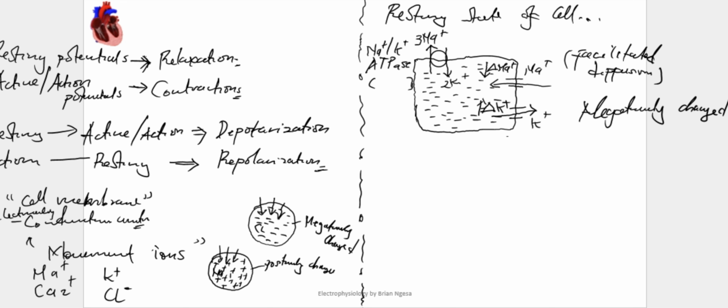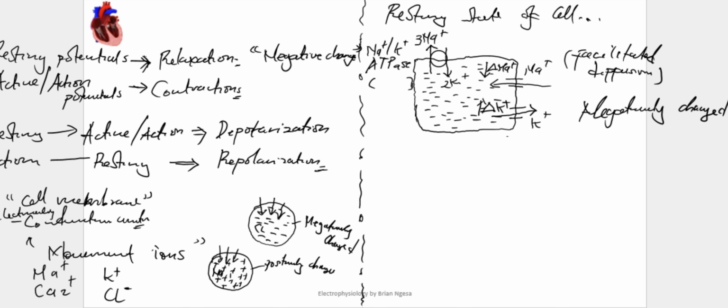So on to our key here, where we say the resting potential represents a relaxation. Electrically, somebody will say that this represents some negative charge.